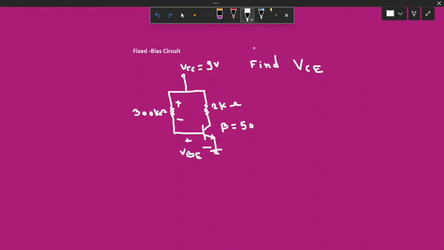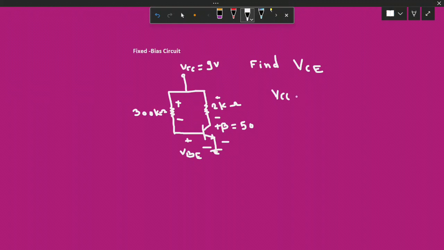So let's start. So VCC, this is plus, this is minus, this is plus, this is minus. This is nothing but VCE, the voltage across the terminal collector and emitter.